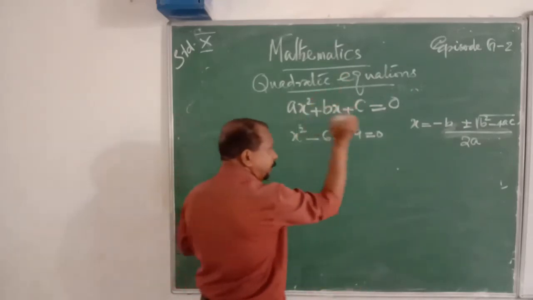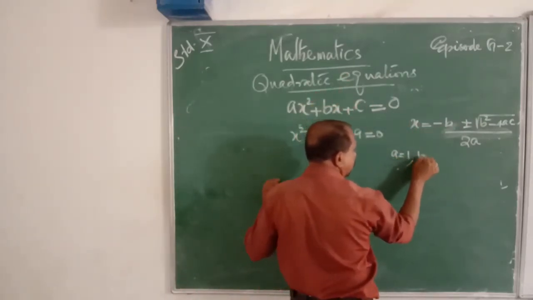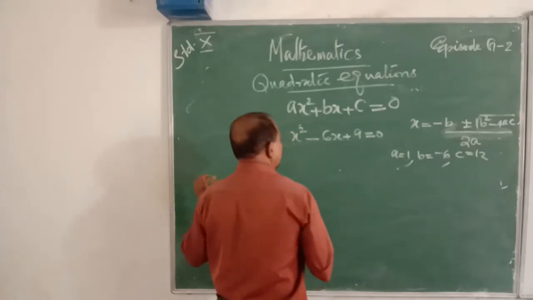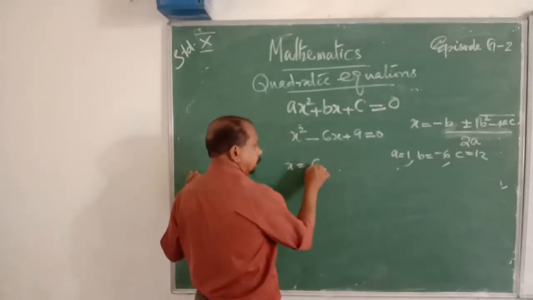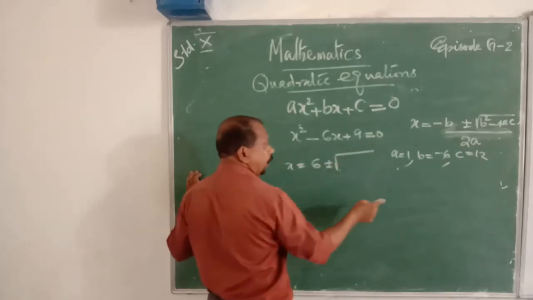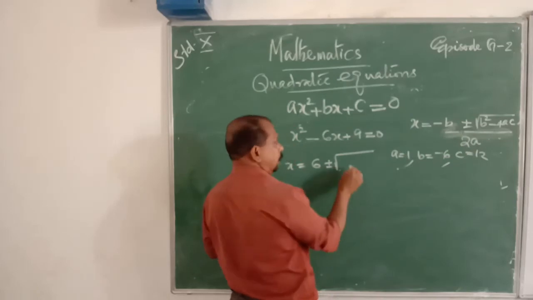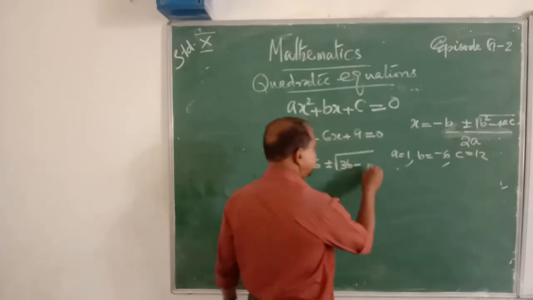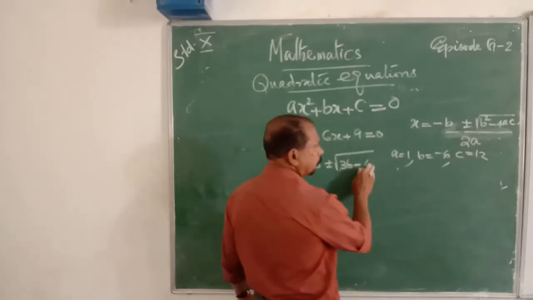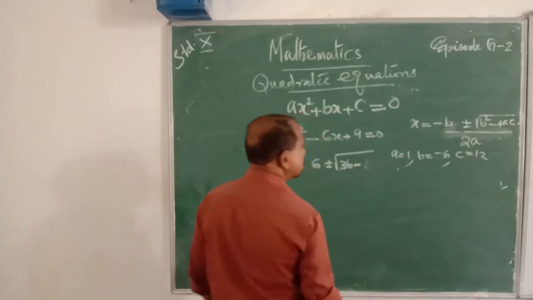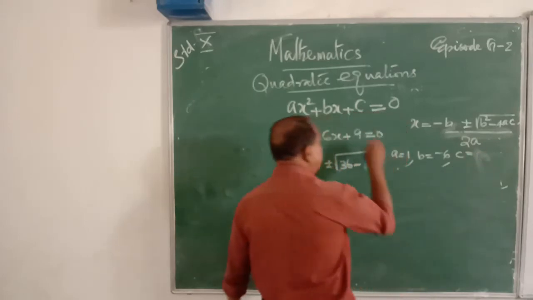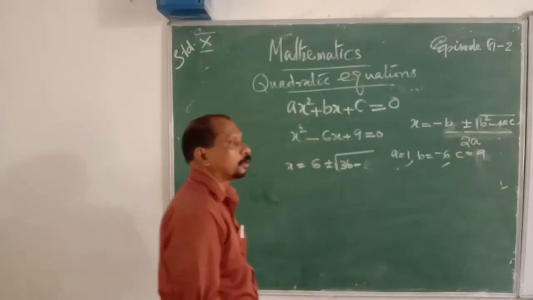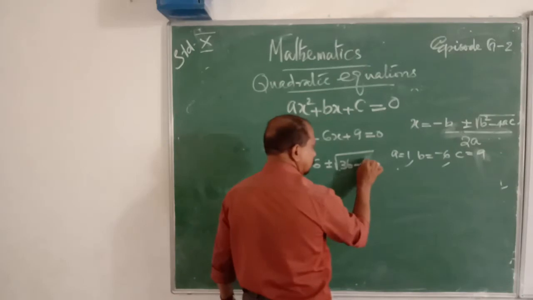Then applying this quadratic formula, a is equal to 1, b is equal to minus 6, c is equal to 9. x is equal to minus b, that is 6, plus or minus root of b square, minus 6 square, that is 36, minus 4 into 1 into 9, that is 36.